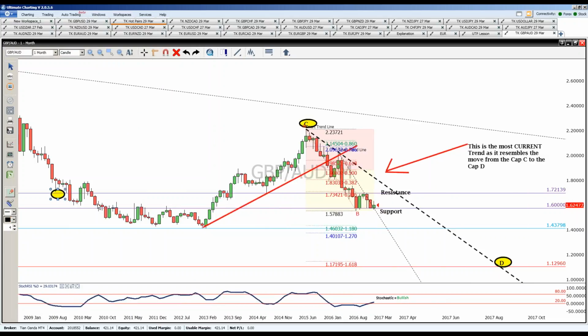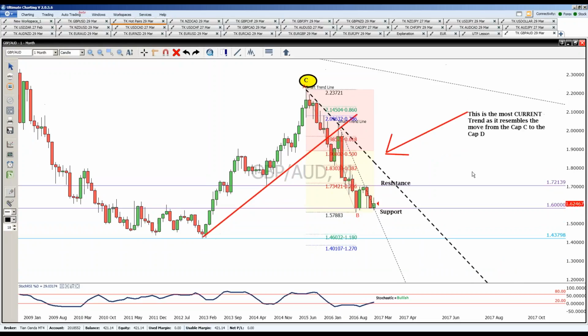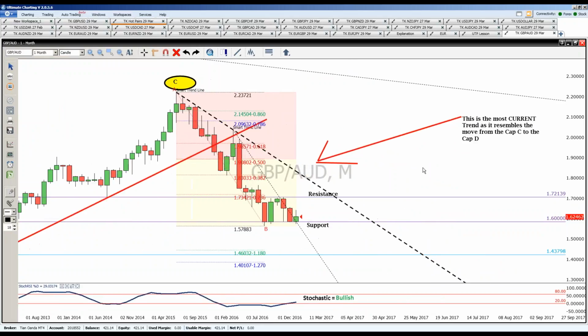I'll bear in mind that yes, the capital D extension is at 1.1795, and we could be moving there in the distant future, and that is almost 5,000 pips away. But let's focus on the most current trend. Right, does it make sense so far?